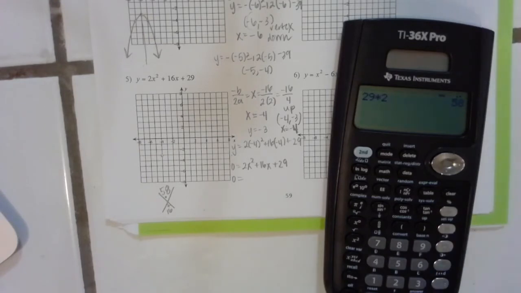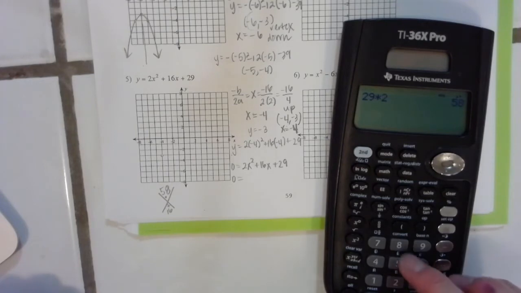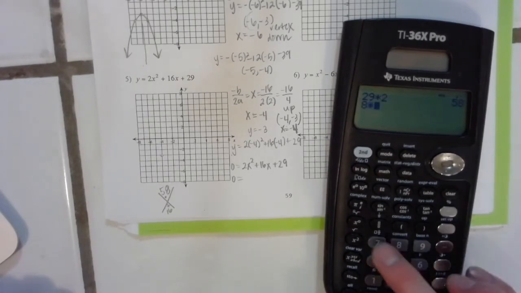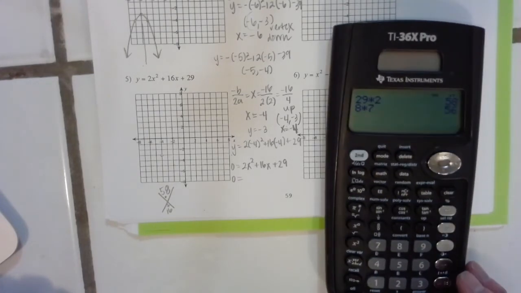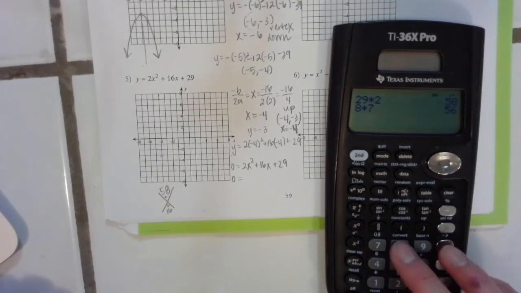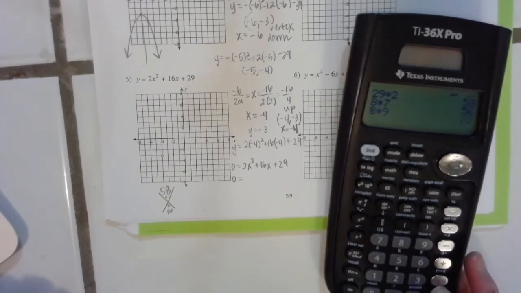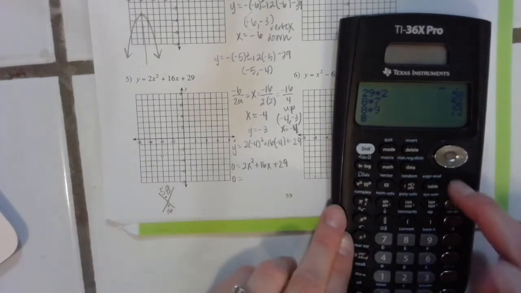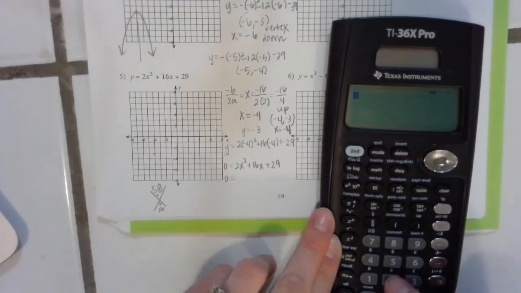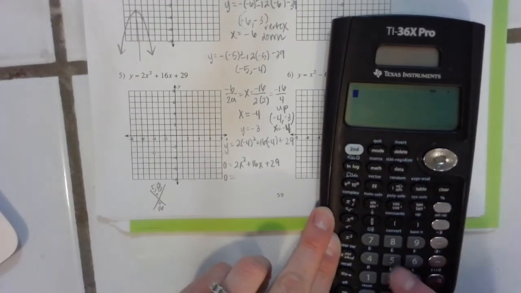Oh no. 8. Okay, so adding to 16. What's 8 and 7? No, 50. Oops. Okay, 50.